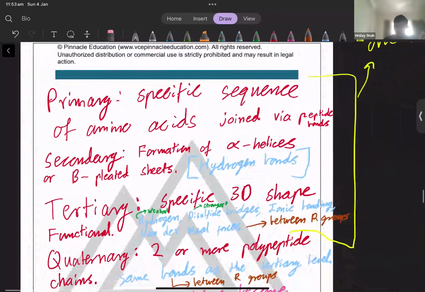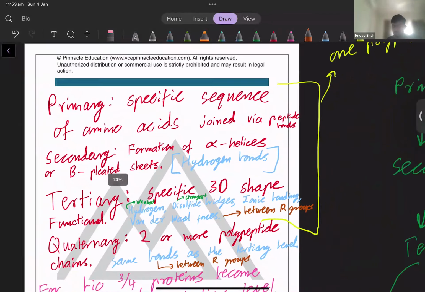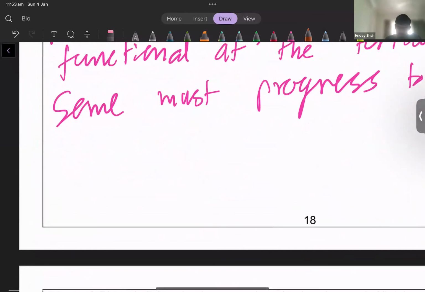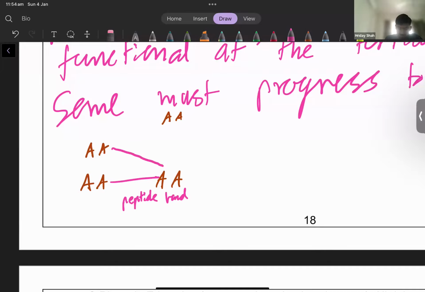Your peptide bond is between adjacent amino acids, and same for your hydrogen bonds, it has to be adjacent. So if this is an amino acid, they are connected via a peptide bond. If I want to form a beta-pleated sheet, it has to be with adjacent amino acids like this.